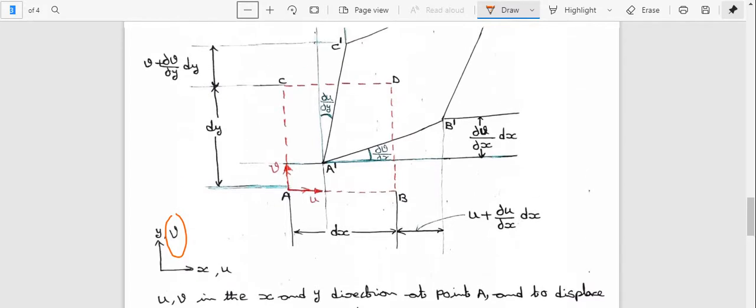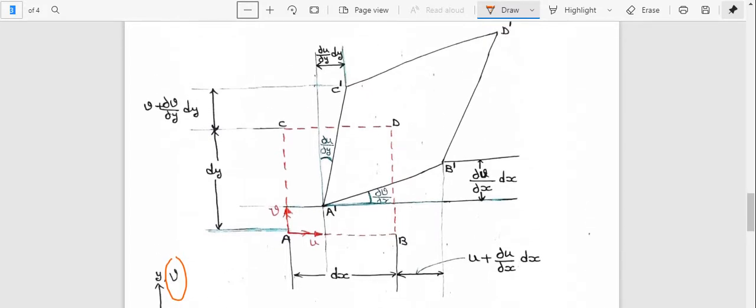So in this diagram we consider horizontal displacement u and vertical displacement v in the xy direction at point A.